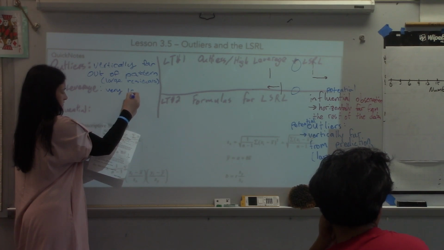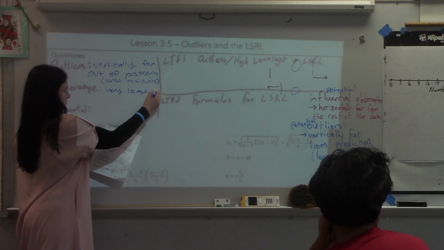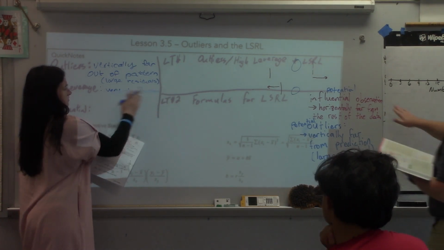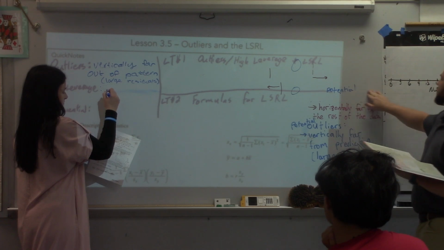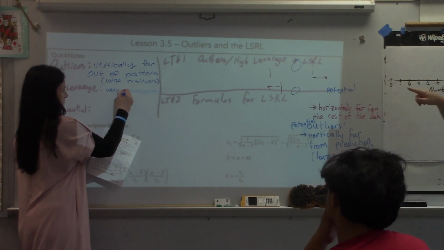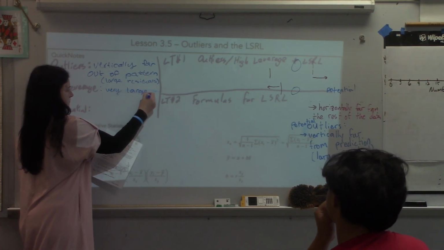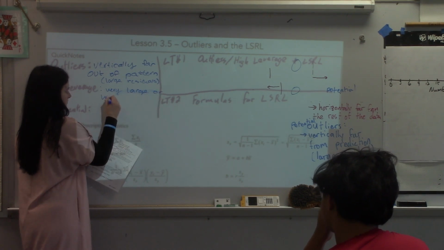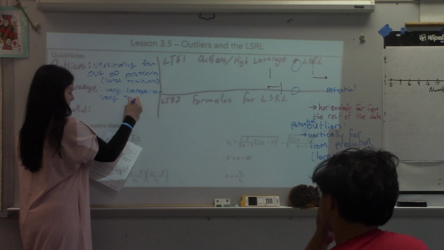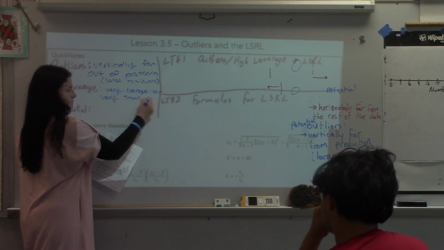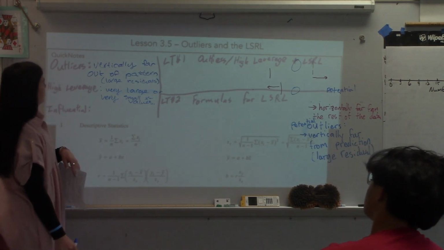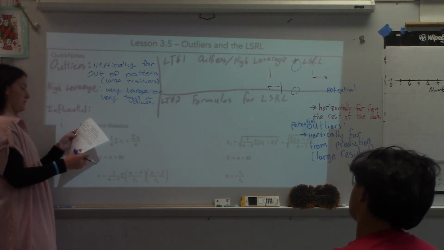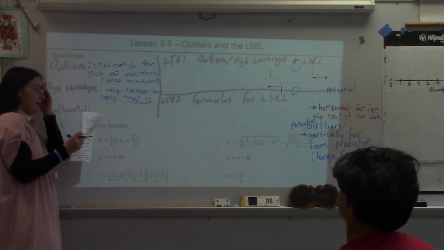Let's erase this and put high leverage here. Outliers and high leverage are influential observations.